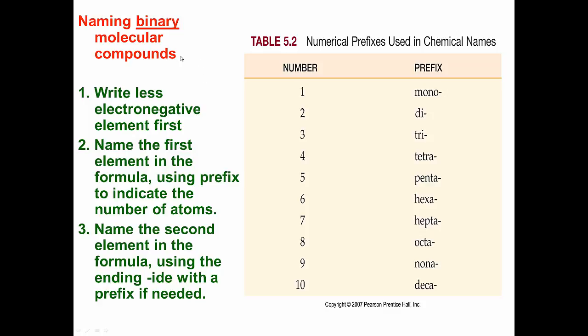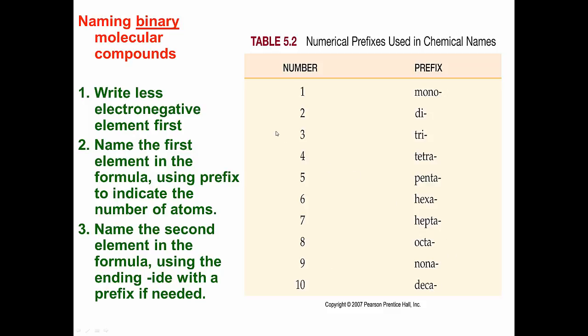Now we're going to name binary molecular compounds. Binary molecular compounds are compounds that are composed of two different atoms, two nonmetal atoms. So what you need to do is memorize these prefixes. If you have one atom, that's mono, 2 is di, 3 tri, 4 tetra, 5 penta, 6 hexa, 7 hepta, 8 octa, 9 nona, and 10 deca.